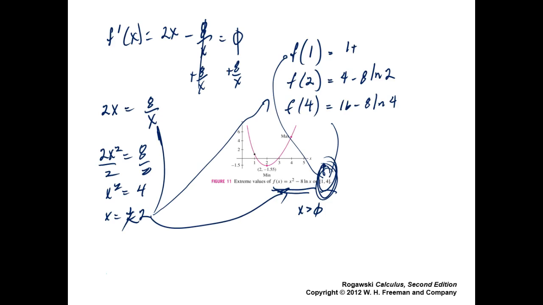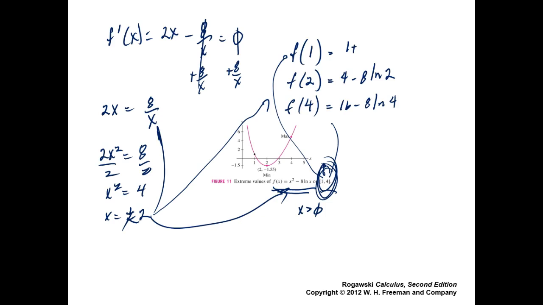I was trying to see where we were. Yeah, 204. Which section? Chapter 4, 4.2. The chapter is Applications of Derivatives, and the section is Extreme Values.